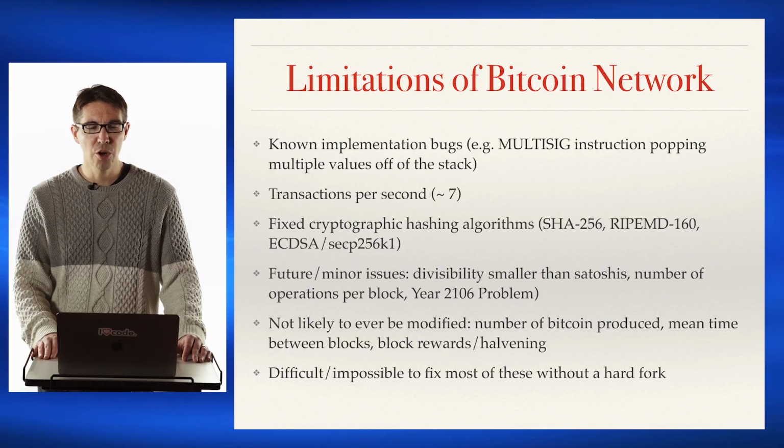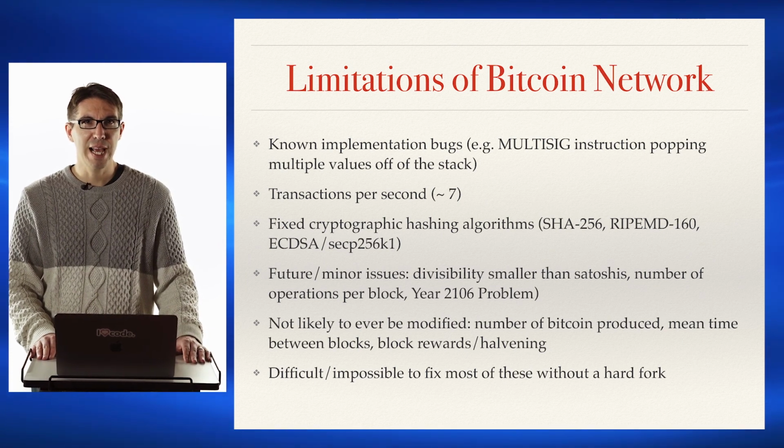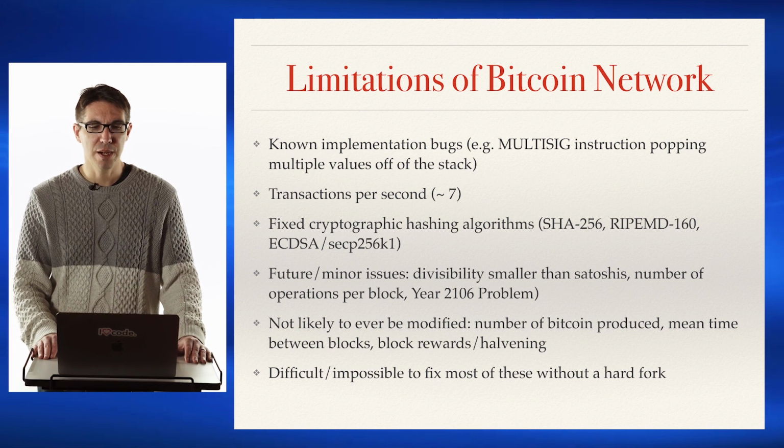If we imagine that Bitcoin goes up to, say, $100 million per Bitcoin, that also would mean that the smallest unit of division, a Satoshi, would be worth $1, which, as you can imagine, is suboptimal. There are only so many operations that can occur per block. We can only have so many transactions per block.